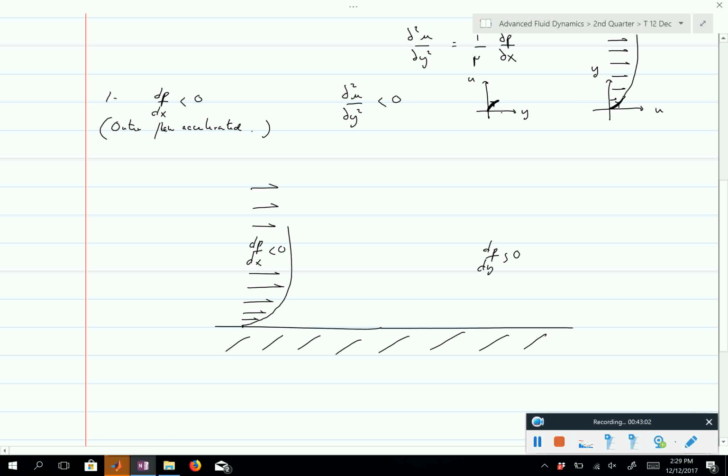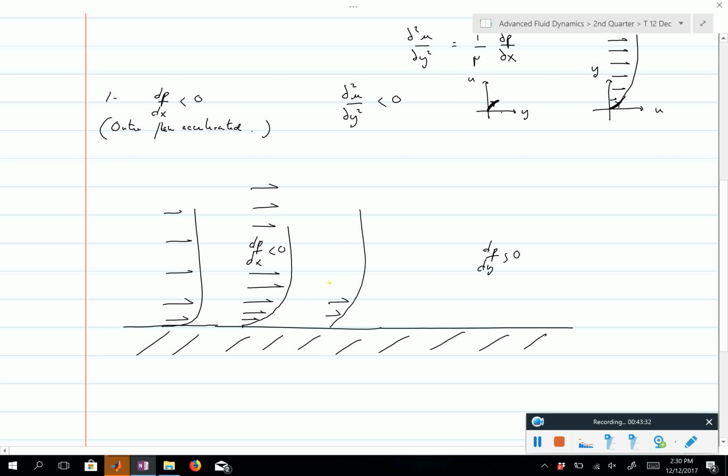Right? Now there is a dp dx, so of course the Blasius solution is no longer valid, but everything that we discussed about the Blasius solution and the boundary layer thickness is still not going to be dramatically different, let's say. So you still have that your boundary layer increases with x, for example. If I was really far downstream, then I would have more of a profile like that. As I get closer to here, my boundary layer thickness is increasing.